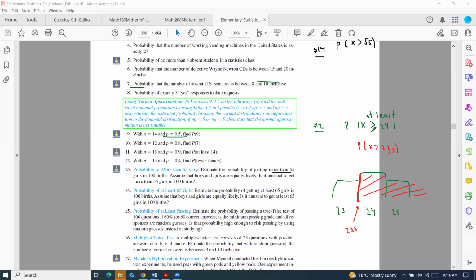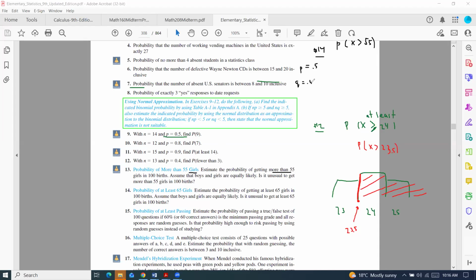And the story that we already saw before: the probability that a baby boy or baby girl is born is 0.5. They're talking about girls, so that's the probability of a girl, P. And then Q will be the probability of a boy, which is also 0.5.